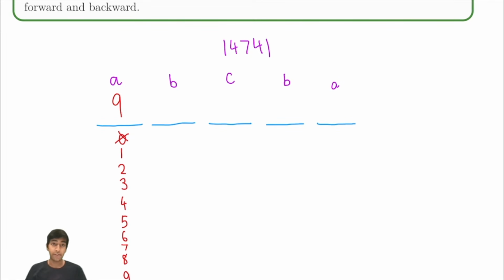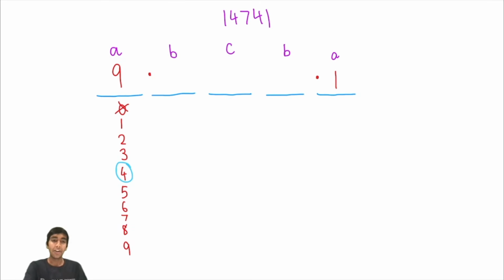Now, what about the last digit? Well, let's say we picked a 4, for example. Well, the first and last digits have to be the same. So the last digit has only one choice. It just has to be the same as the first digit that we already chose. Okay, so how many choices do we have for the second digit? The second digit must be a number from 0 to 9 again, right?